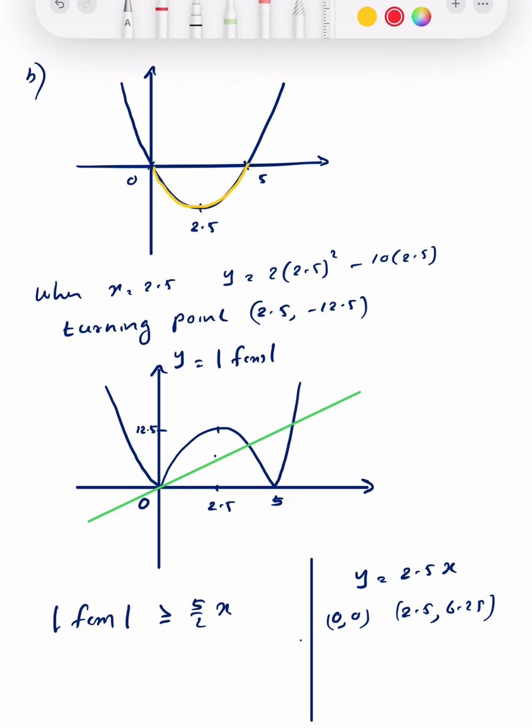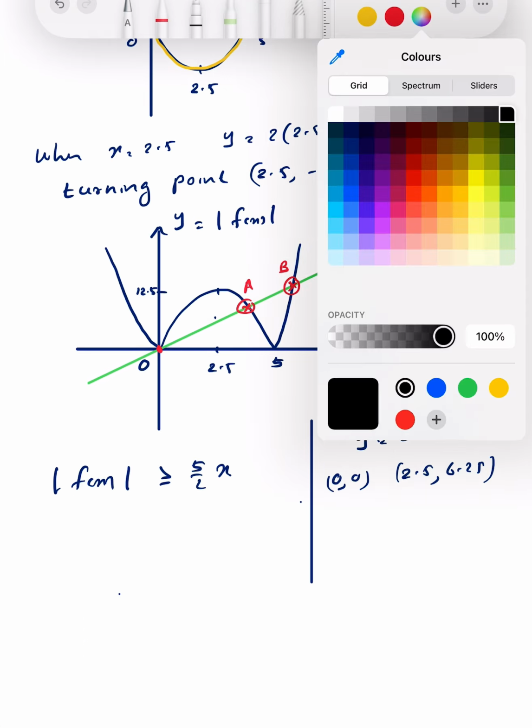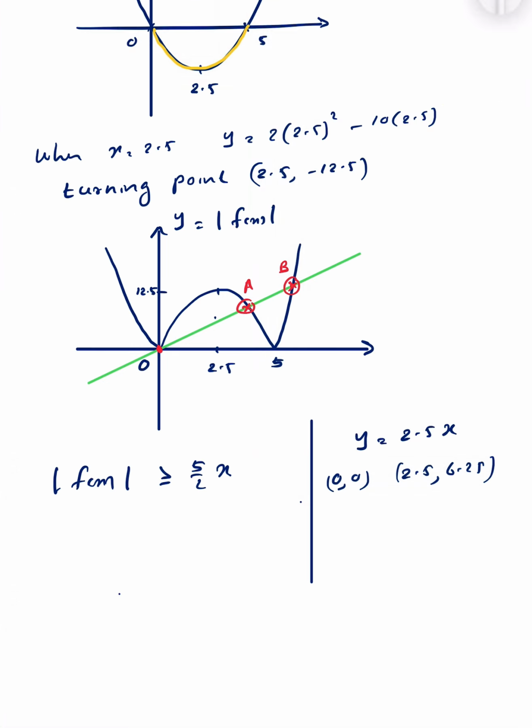So one is here, and the third one being here. Let's call this A, B, and obviously this point is O. So we need to solve this at points of intersection.